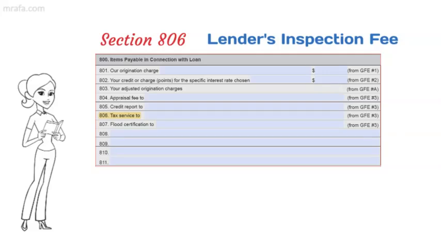It's good to have a professional inspector, because if there are things that you need to get fixed before signing the closing settlement document, then at least it will be part of the negotiation.